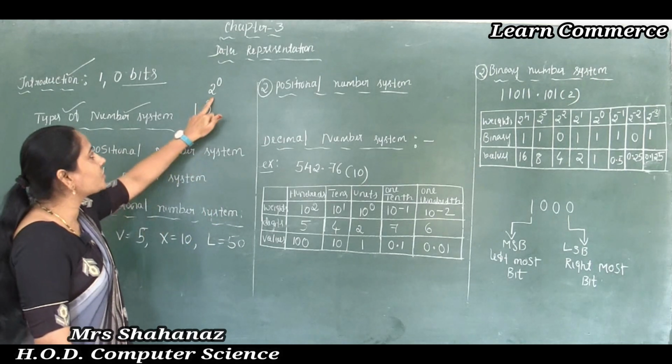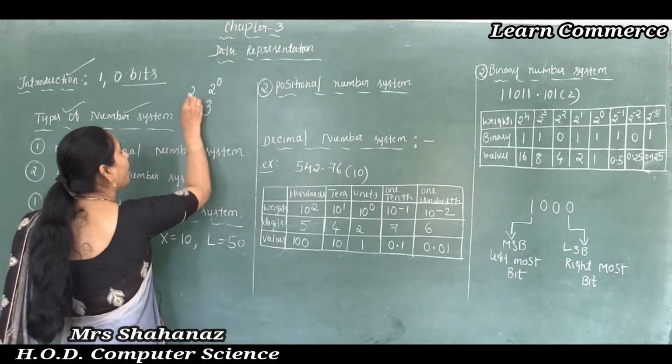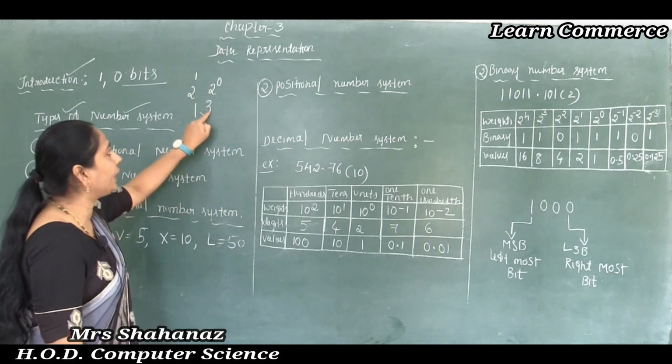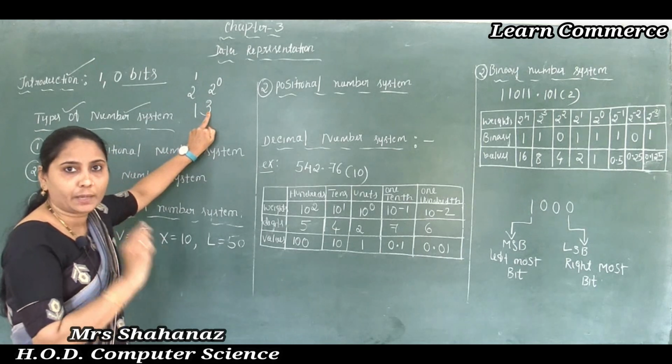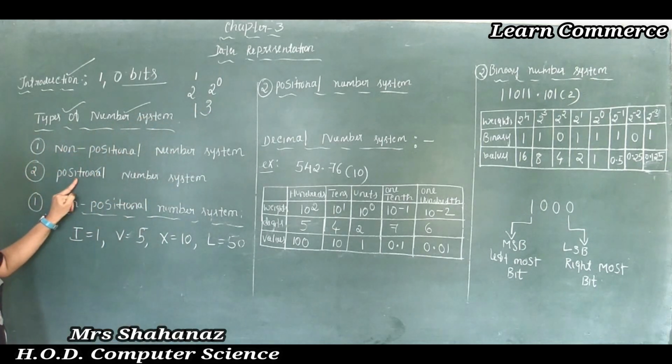So the positional value represents 2 to the power of 0, 2 to the power of 1. Like that, for each digit we need to give the positional value, and that is called the positional number system. Later on I will give more explanation.